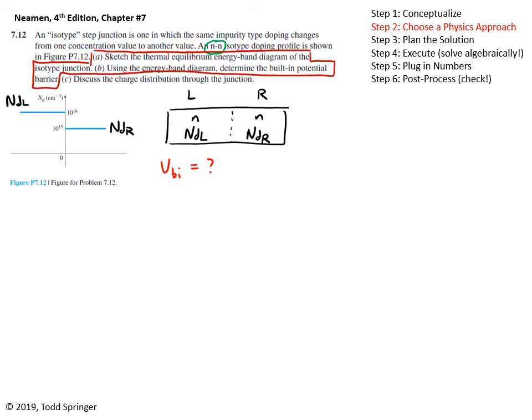The correct approach to the problem is hinted to in part A. We're going to use energy band diagrams. And you have to remember a couple things. The two most important things to remember are that doping changes the position of EF.